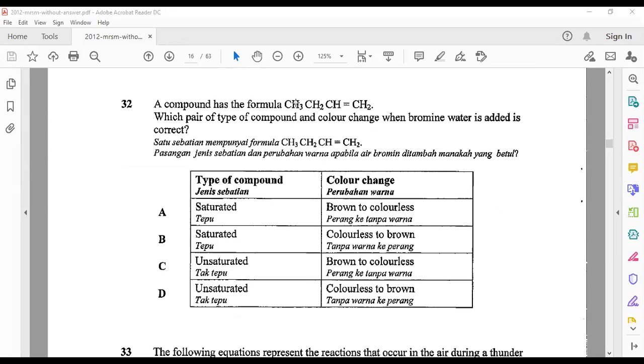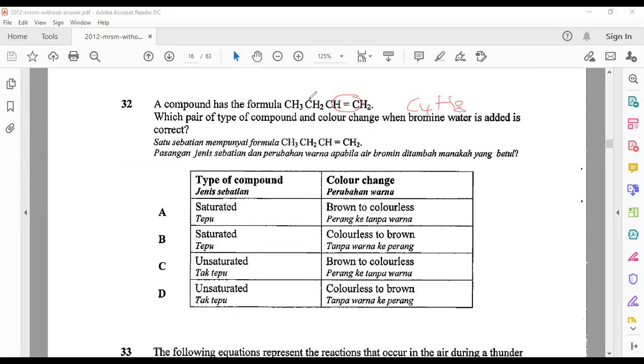If you draw the structural formula as we have learned, you see 4 carbon atoms. The formula is C4H8, with a carbon-carbon double bond.